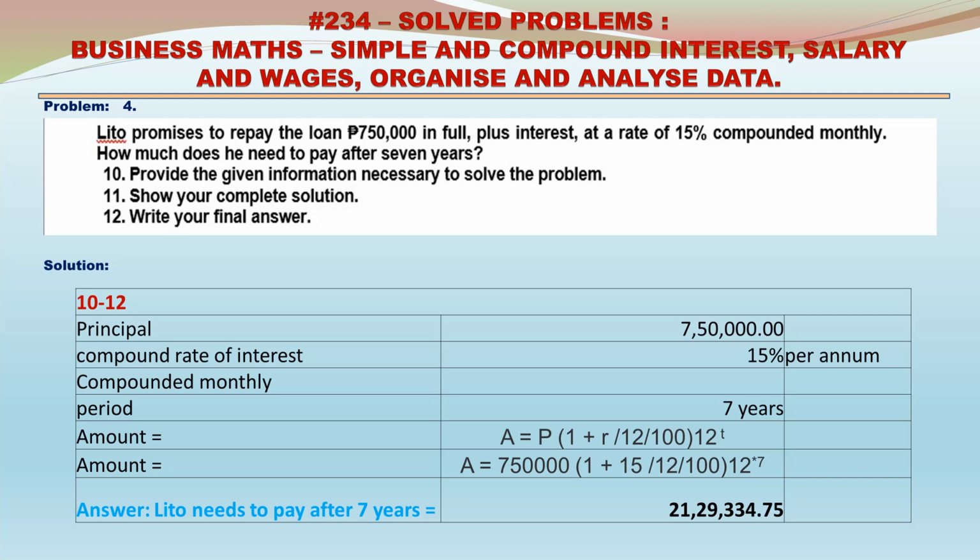Amount A is equal to P into (1 plus R by 100 by 12) to the power 12 into 7, because it is compounded monthly. Amount is equal to 750,000 into (1 plus 15 by 12 by 100) to the power 12 into 7. Leto needs to pay after 7 years 2,129,334.75.